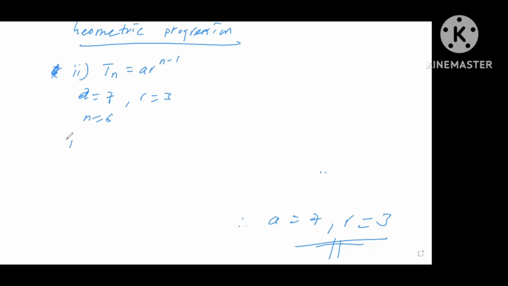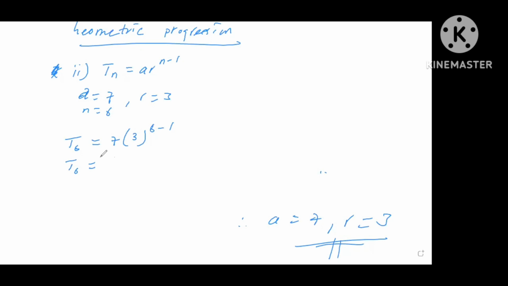So T6 is equal to the first term, 7, times our R, which is 3, to the power n minus 1. We said n is equal to 6, so we're going to say 6 minus 1, right?